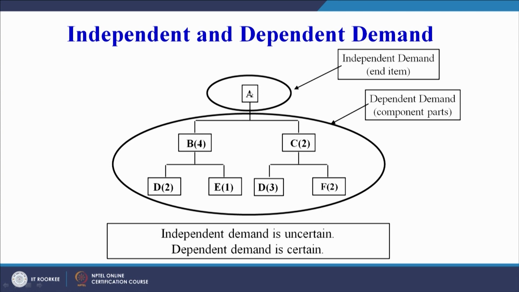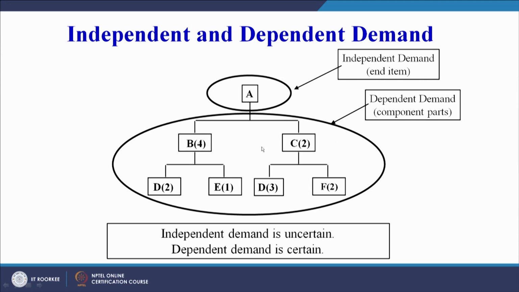Once we have this number A, all other things that are required for the manufacturing or assembly of A will represent our dependent demand, because once we know that so many cars have to be assembled, we will definitely be able to calculate what other sub-parts and sub-assemblies will be required to meet this demand.